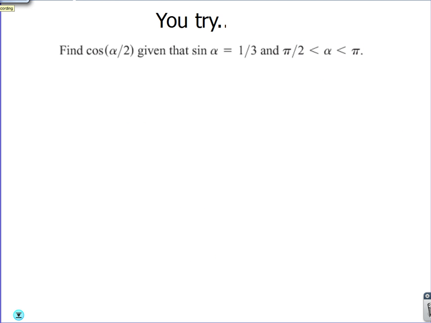Find the exact value of cosine of alpha over 2. The cosine of alpha over 2 equals plus and minus the square root of 1 plus the cosine of alpha, over 2.